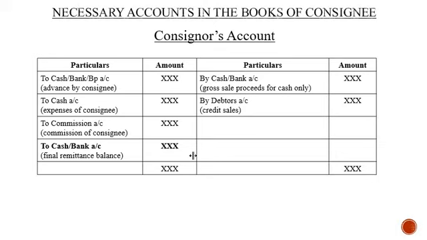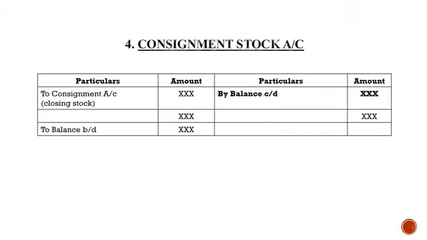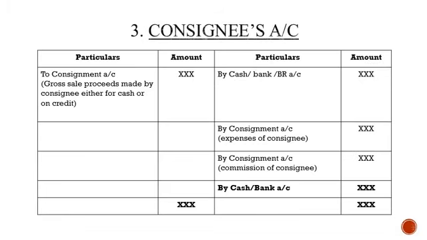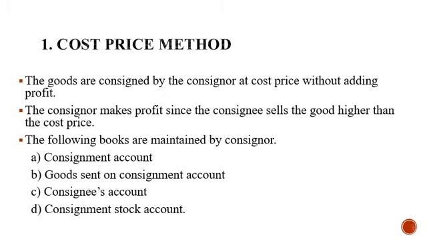Like the way we have seen consignee's account in case of consignors. Now let me just take you back to the previous one. See, this is consignee's account, the third step, in terms of the following books to be maintained by the consignor.